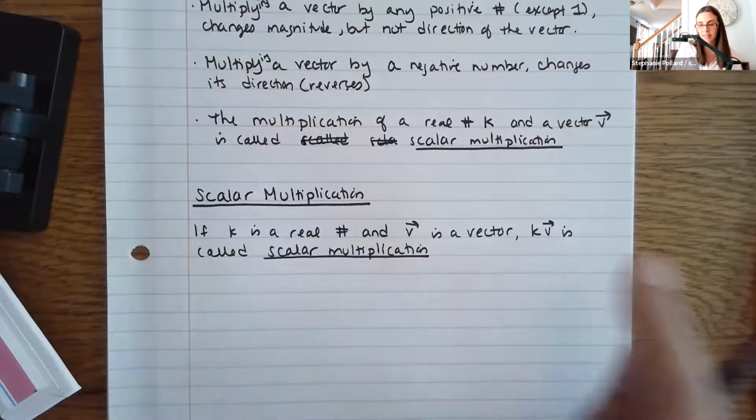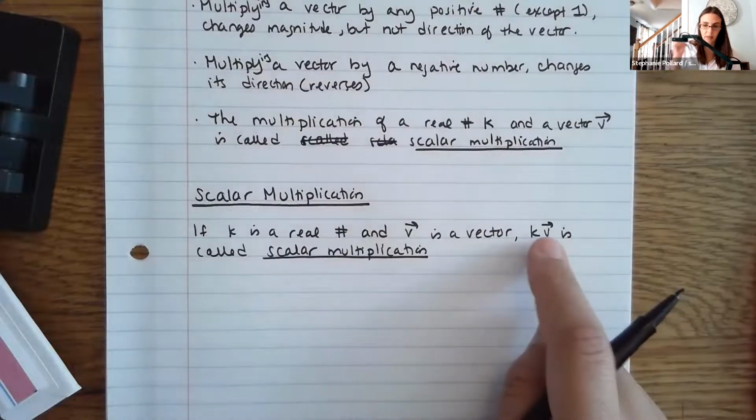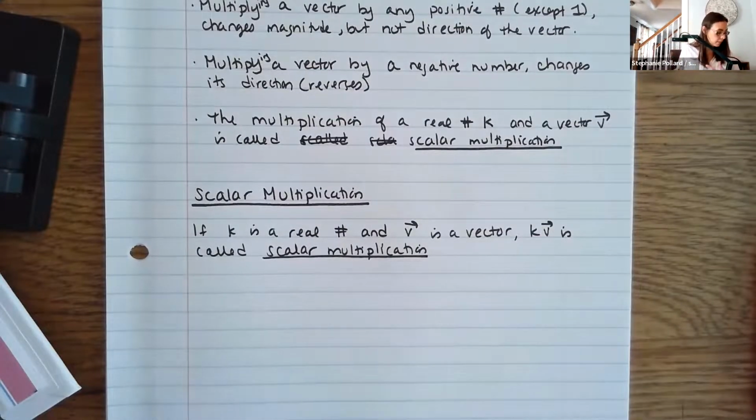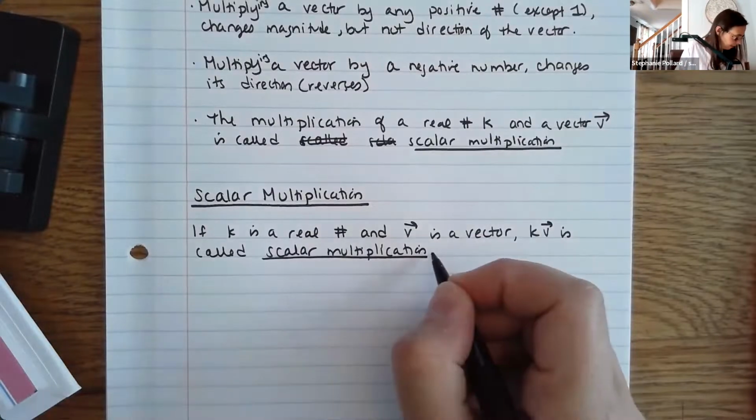Remember too that if you're reading your text, v will just be in bold, so it won't have the little arrow above it. But where I can't bold, I do have to put that arrow in.